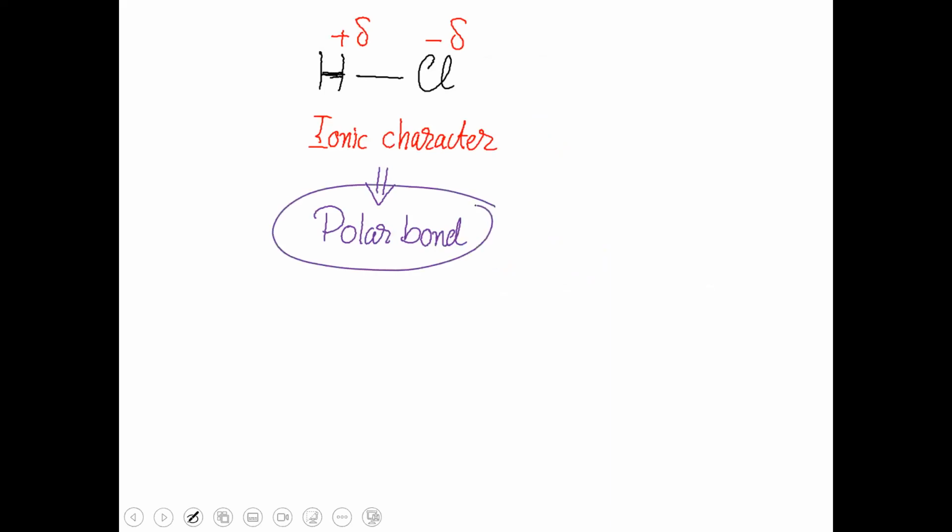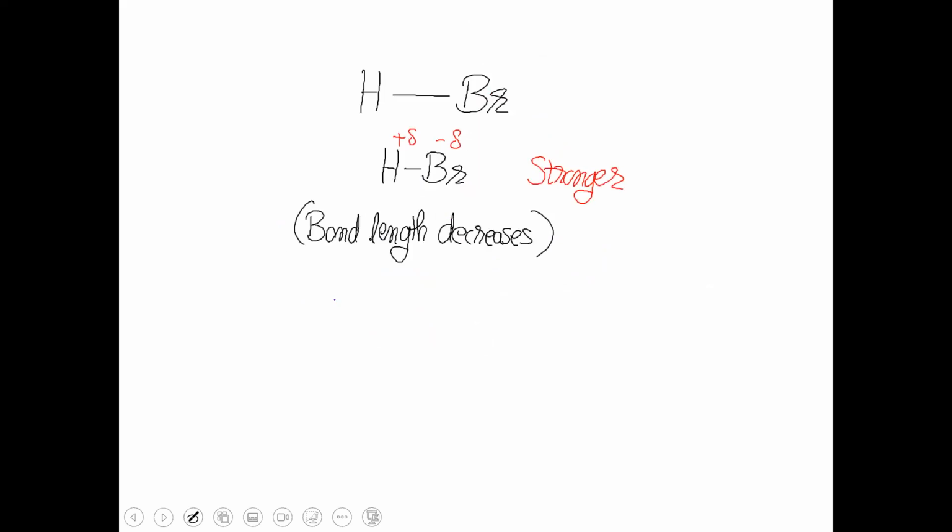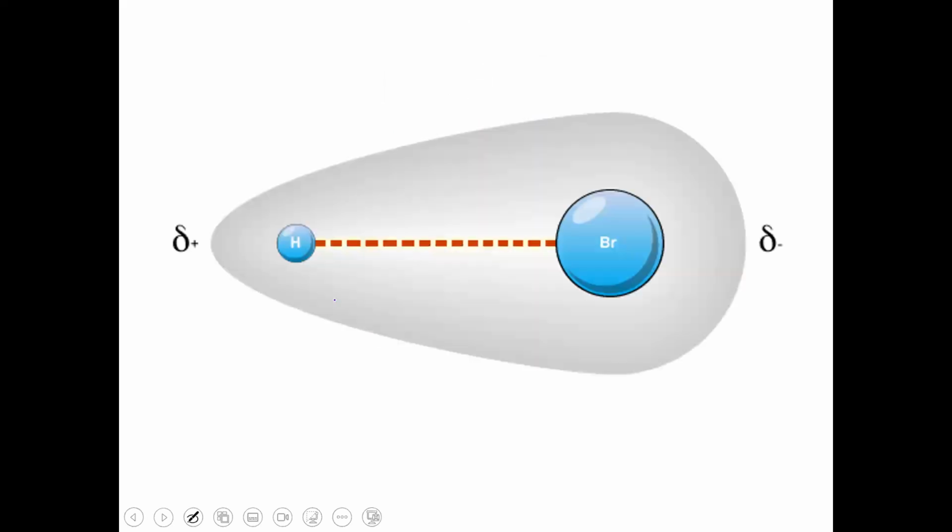And if this happens, such a bond is called polar bond. If polarity appears, plus minus appear in a covalent bond, it is called a polar bond. So this is a case of polar bond, and polarity is a character which appears when there is a difference of electronegativity.